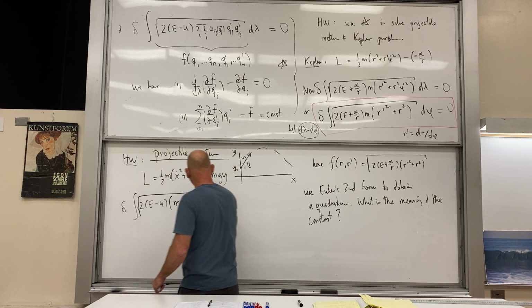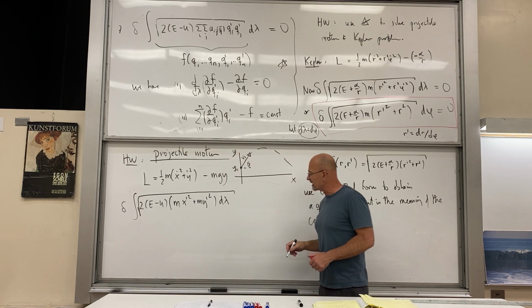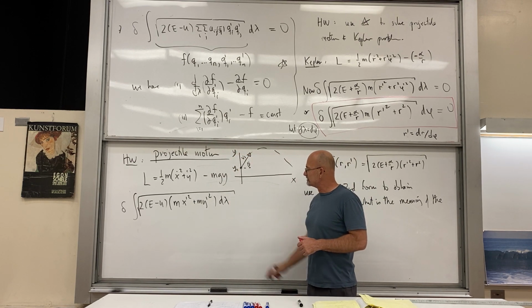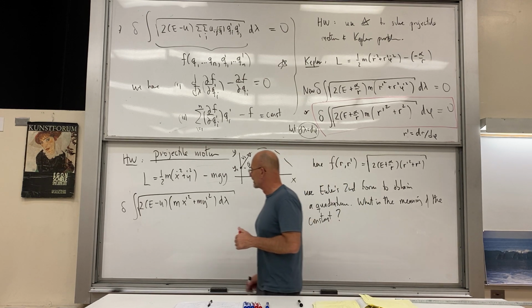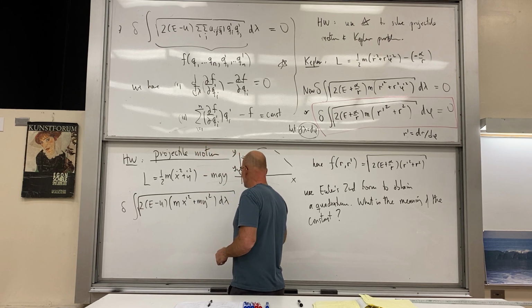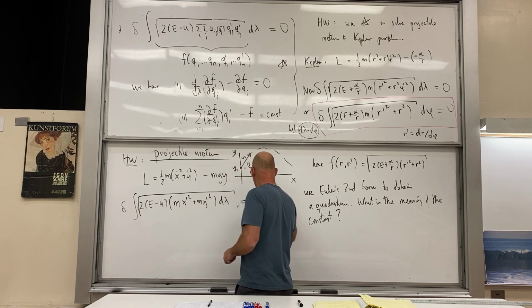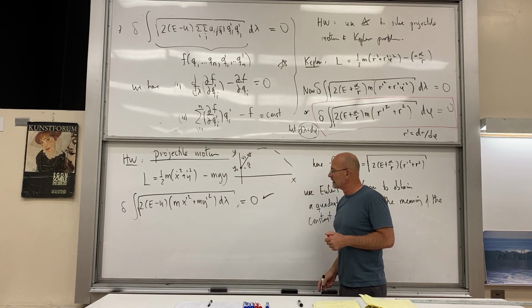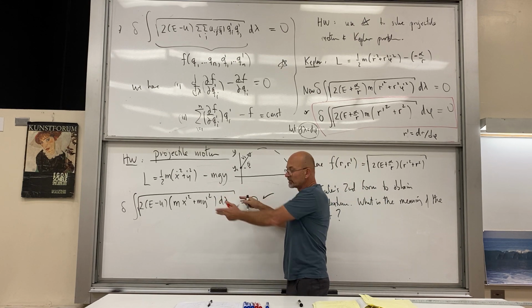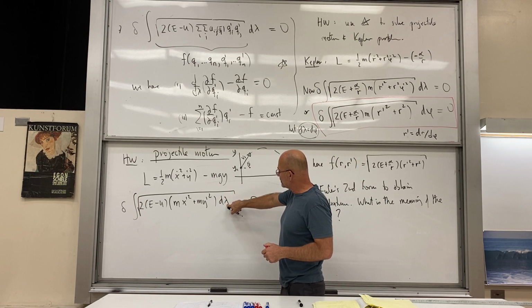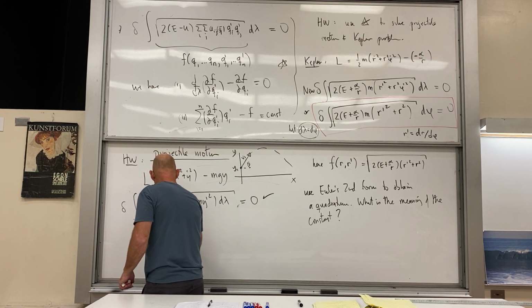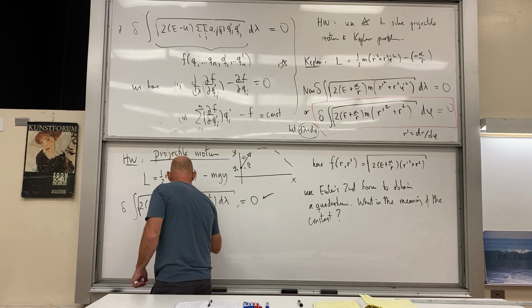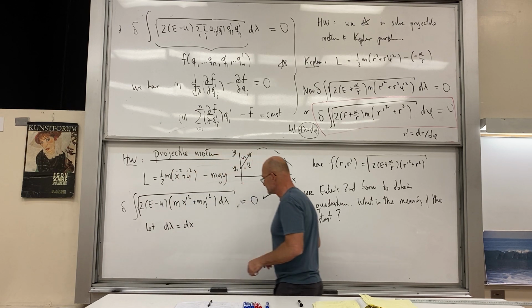So this would be the general form, but we're going to take the lambda as either x or y. So first of all, there's our principle. This thing under the root is the function we're looking for, except we got to choose a parameter. So let d lambda be equal to dx.